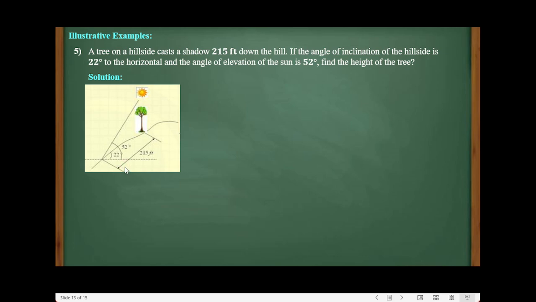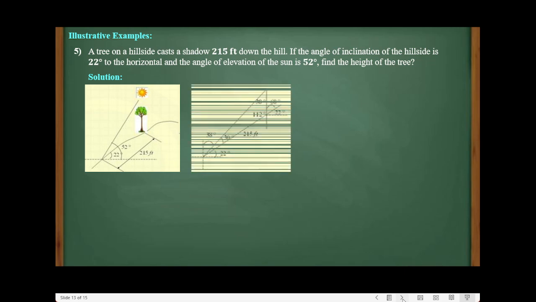And the angle of inclination of the hillside is 22 degrees. And the angle of elevation of the sun, with respect to the broken horizontal line, is 52 degrees. So the problem is asking for the height of the tree. So what do we do with this one?